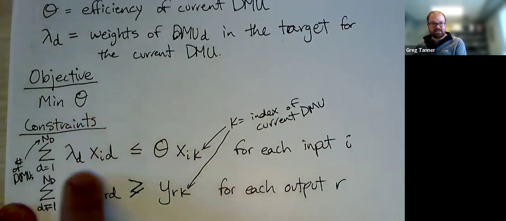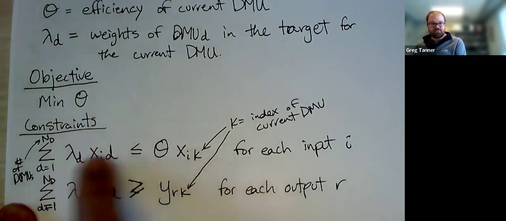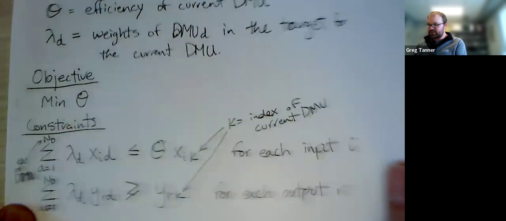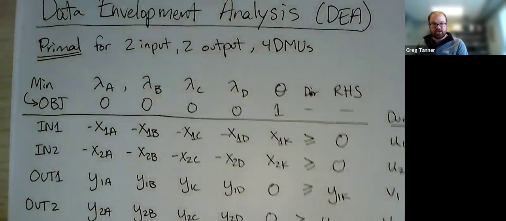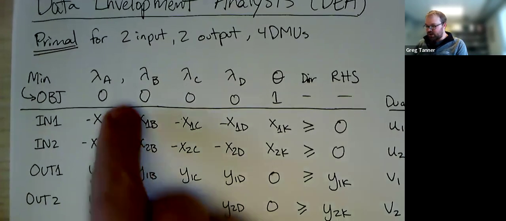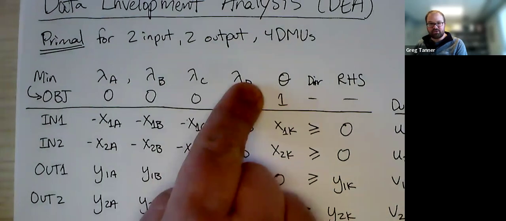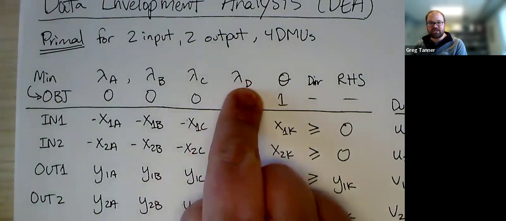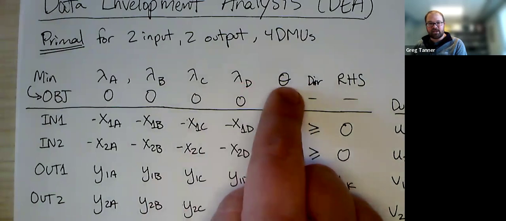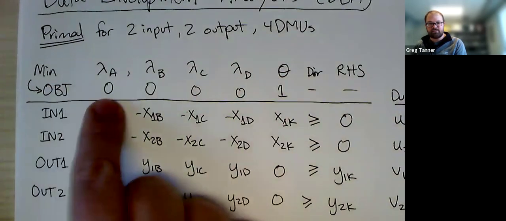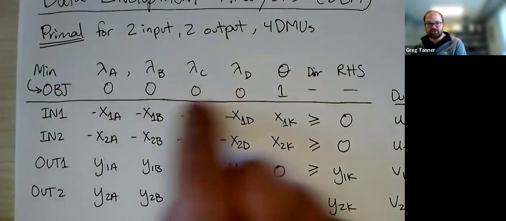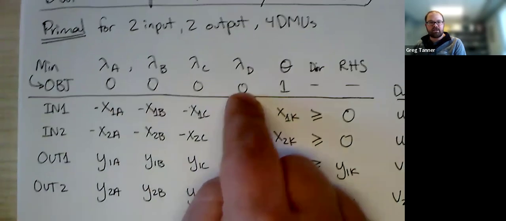It was to minimize theta subject to input constraints and output constraints. And our variables in our primal problem were lambdas, one lambda for each DMU, as well as our theta. Our objective was to minimize theta, and so the lambdas didn't show up in the objective at all.